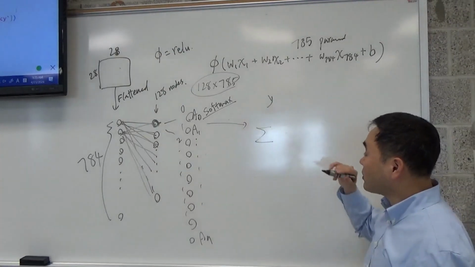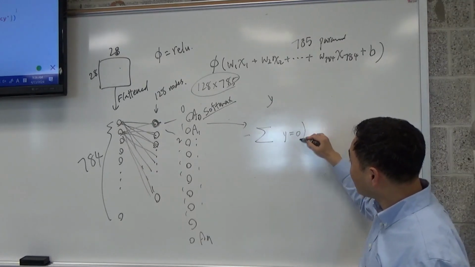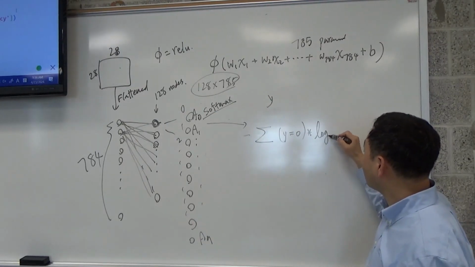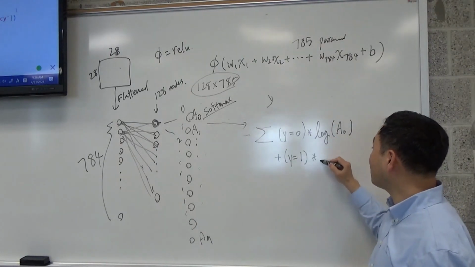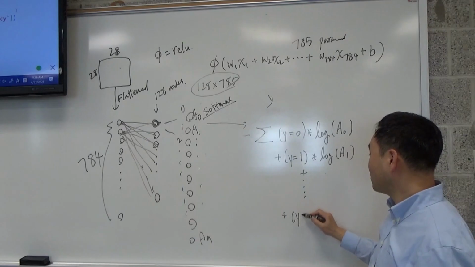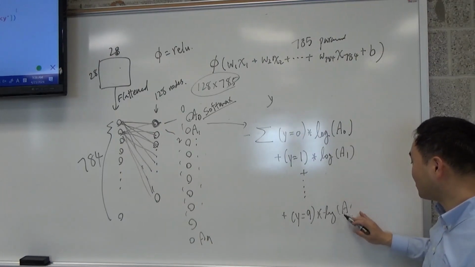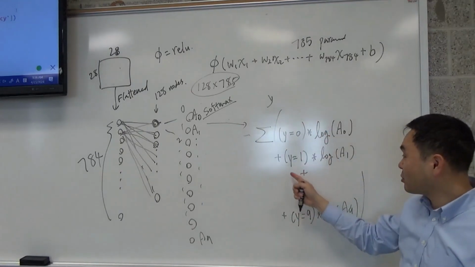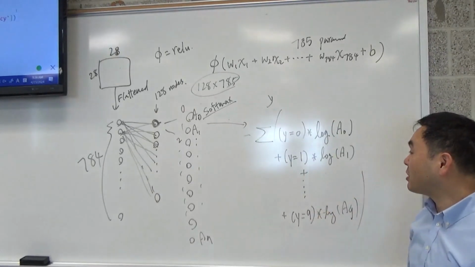The categorical loss function does this: negative of (y equals 0, a true or false, 1 or 0 type thing, times log of A0, plus y equals 1 times log of A1, all the way up till y equals 9 times log of A9). What you want is for the correctly represented one to give you something close to 1 for this to be minimized.